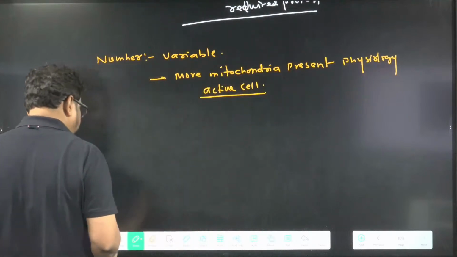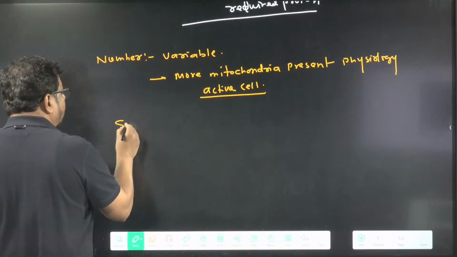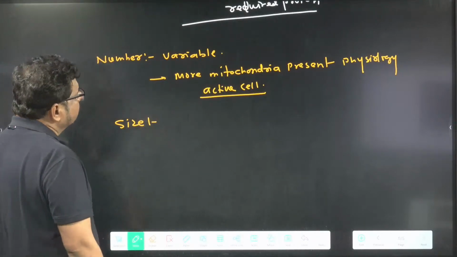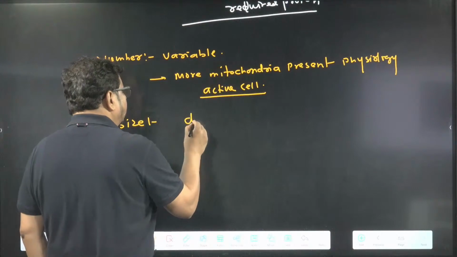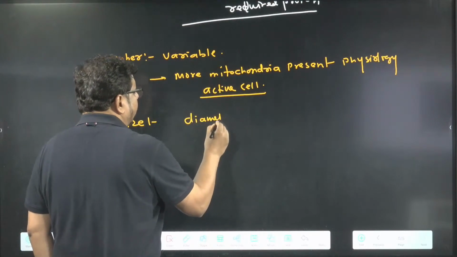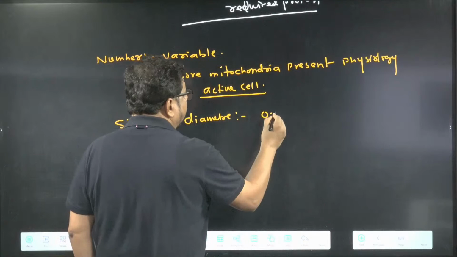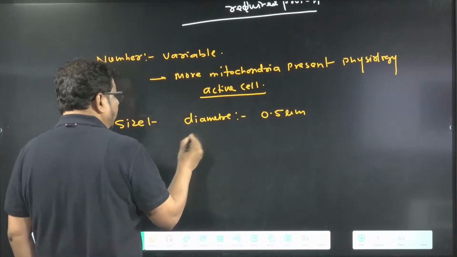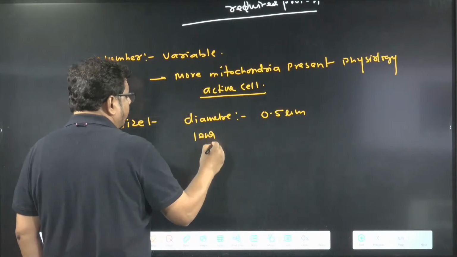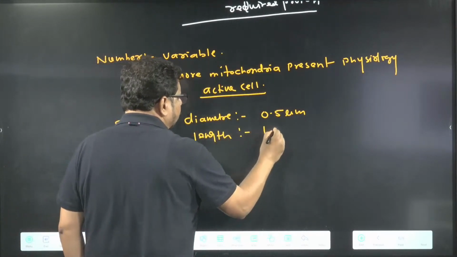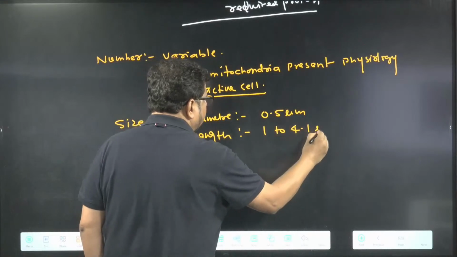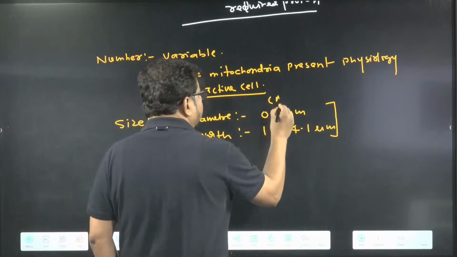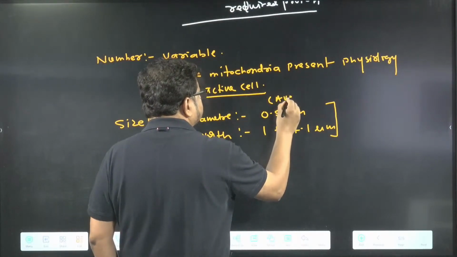So number is variable. Then after that I am going to talk about the size of mitochondria. If we talk about size, the average diameter is 0.5 micrometer, and the length is 1 to 4.1 micrometer. These are the data mentioned in your NCERT, and this is the average diameter.